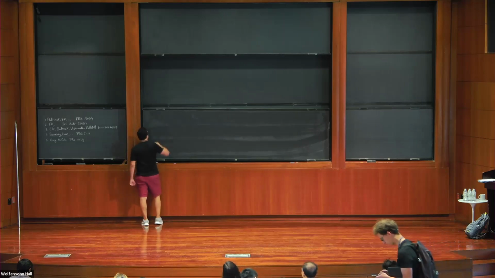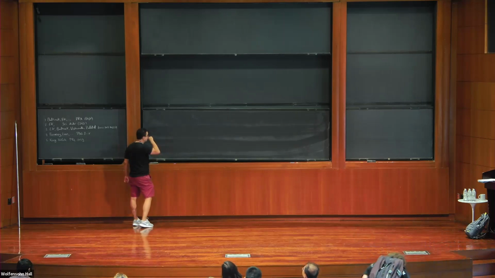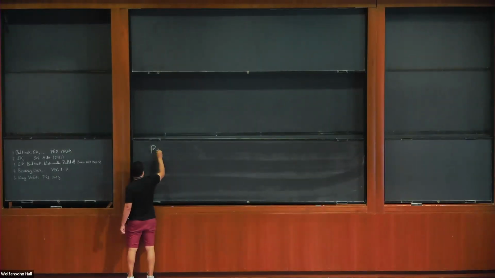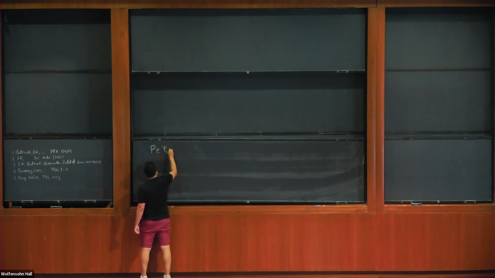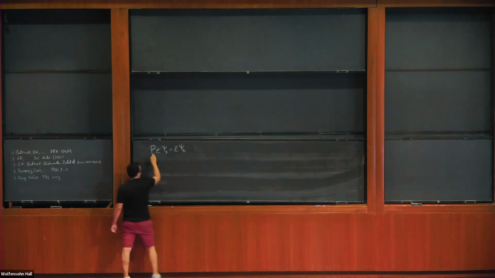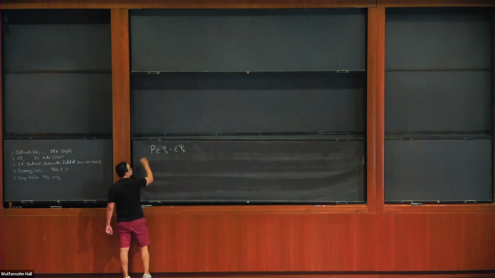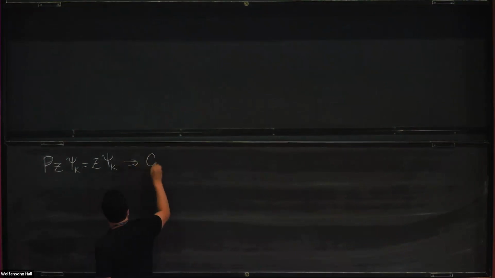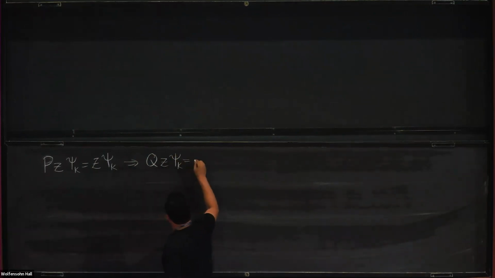When I was writing the complex structure in real space, the equation we need to write is this, as someone already pointed out, not P with K. So this is the full projector on the band. And this is equivalent to Q, which is also the full projector out of the band, equals 0.